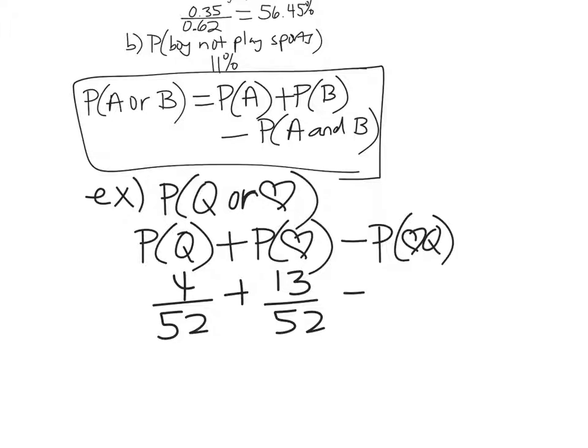So then we want to subtract out the probability of getting a queen that's a heart, minus 1 out of 52. That would be your answer. Now you can take it out earlier. You can say, okay, queens, there's 4 of them, and then the rest of the hearts, you can do it that way, but this is essentially what you're doing in your head.